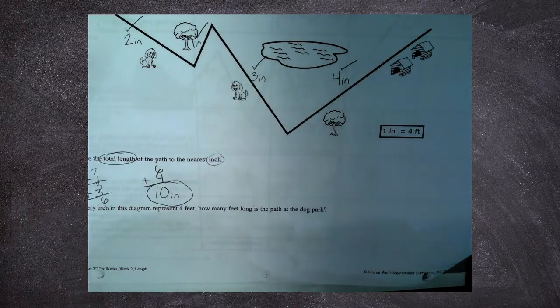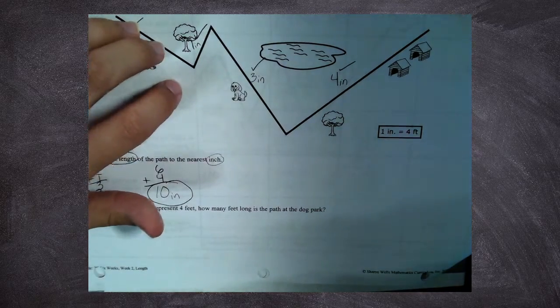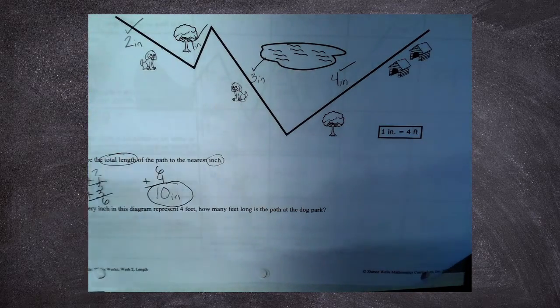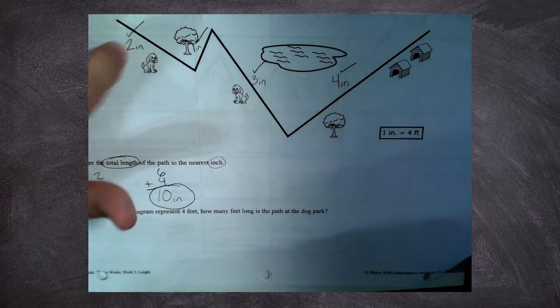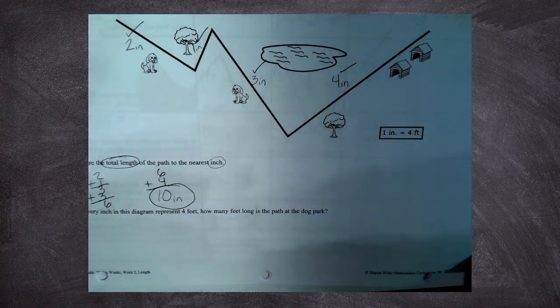Just like yesterday, this page says that this picture isn't actually how big the dog park is. Of course it's not. It's way too small for any dogs to fit. Even a puppy might cover up this entire park right here on this paper. So they say in real life, every single inch that we measured is 4 feet.